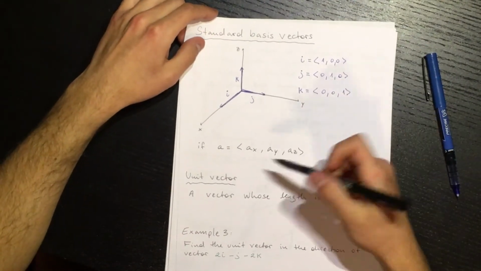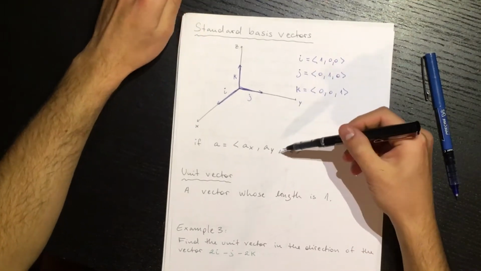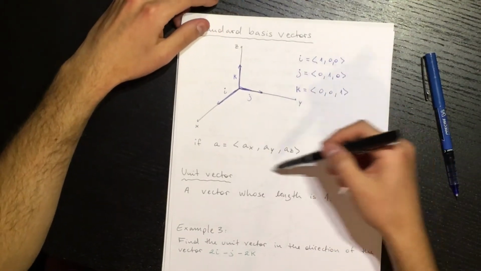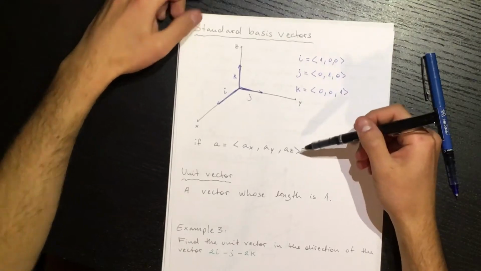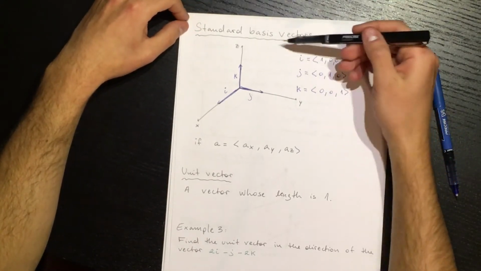Here we have a vector with 3 components, ax, ay, and az. This same vector can be written in a different way using the standard basis vectors.